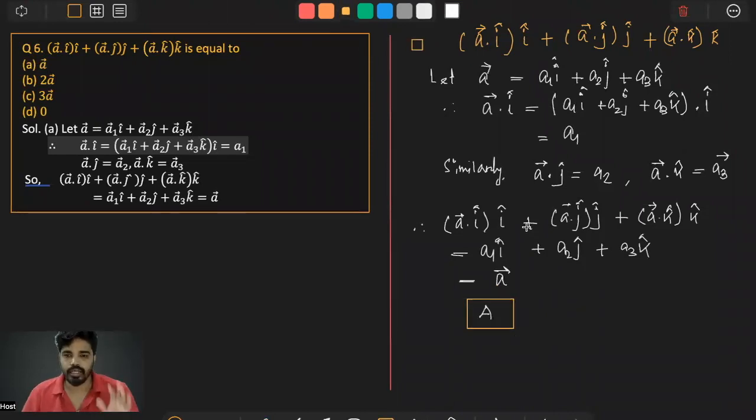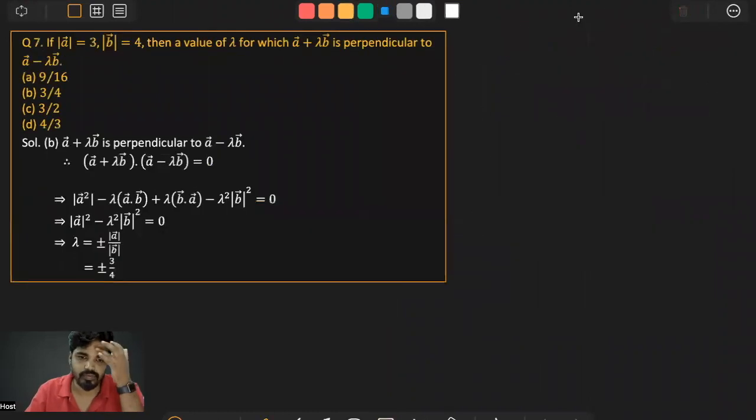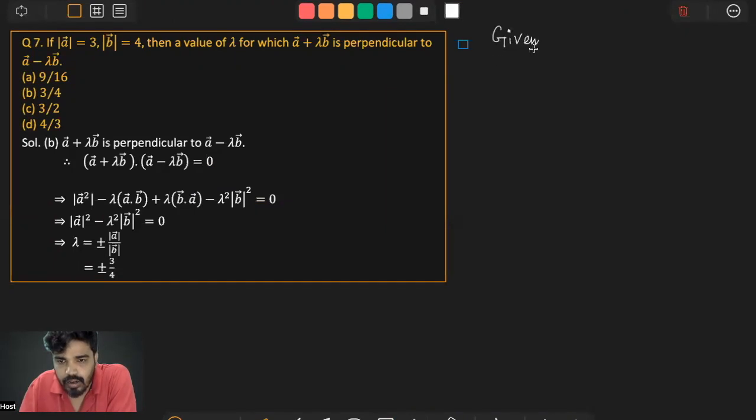Okay, so next example. What is given? Here it is given that modulus A is 3, modulus B is 4.